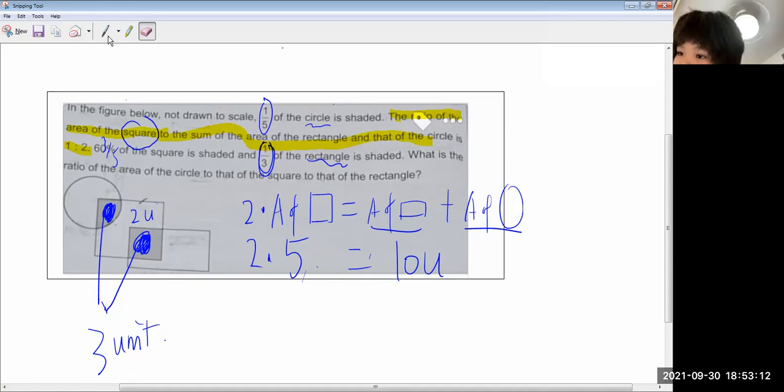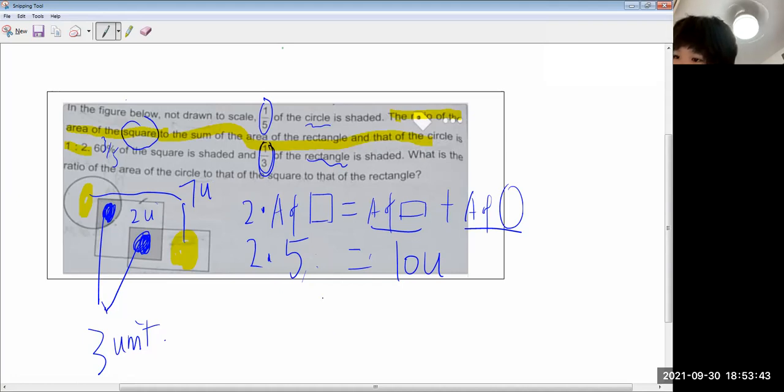So that means this empty part and this empty part is actually 10U minus 3U. So the yellow adds to 7U. Right? Good. Okay, almost done already.